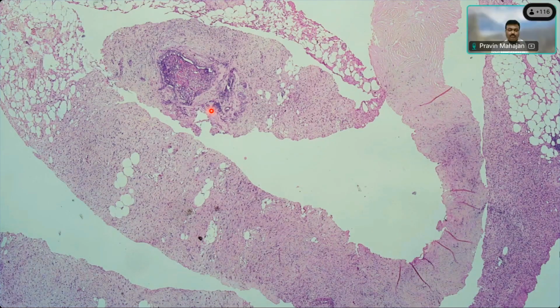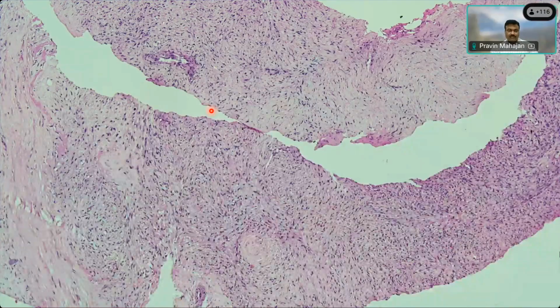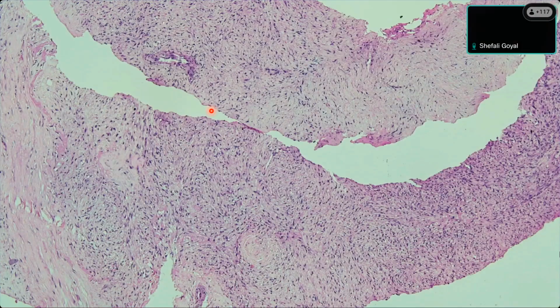Okay. So you want to go now maybe to a different power. Okay, so this is 10x or 20x. Now you want to describe? So the stromal cells are arranged in a vague fascicular arrangement.